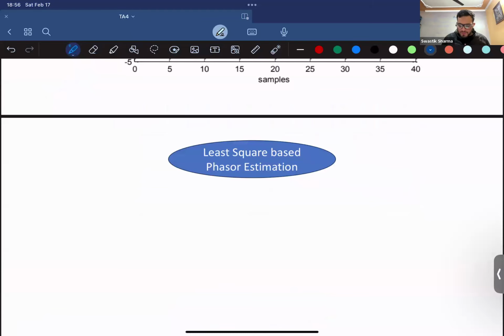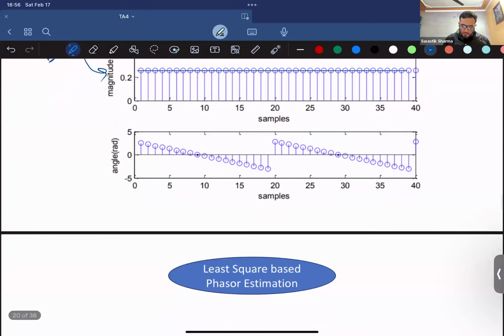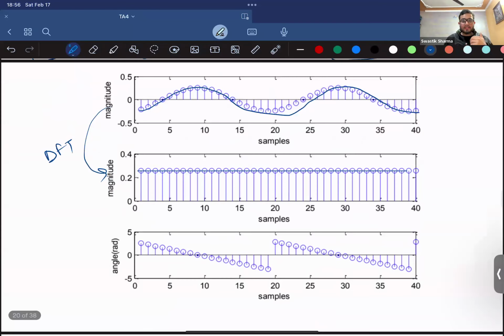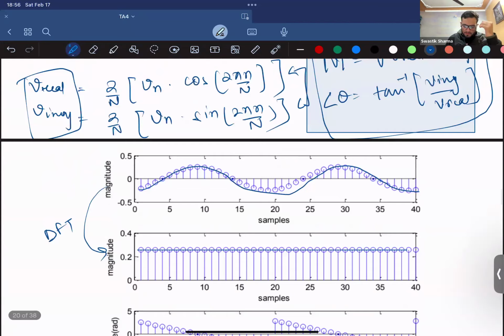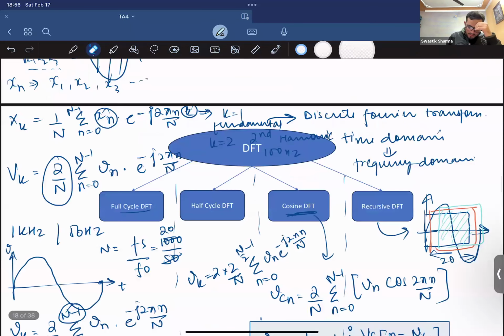Even though you can find the DFT for a higher frequency component by using this K here, you can't go below the fundamental frequency.